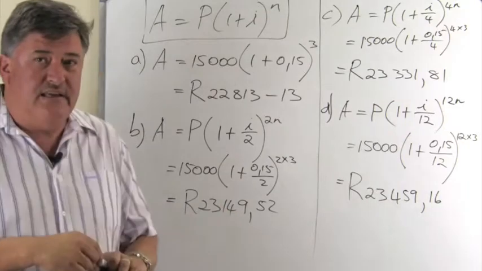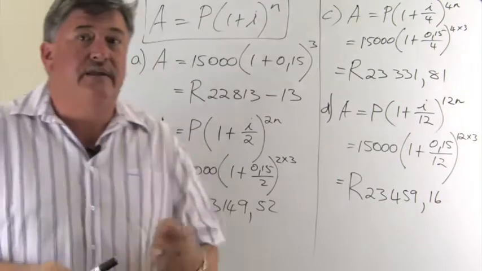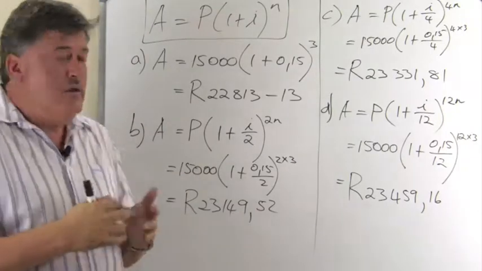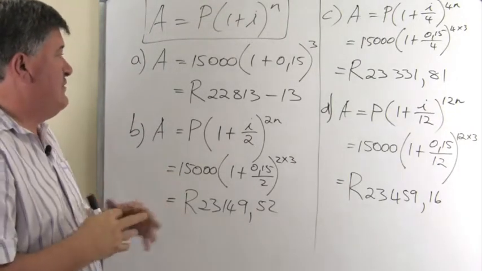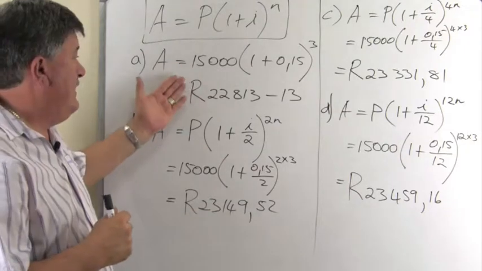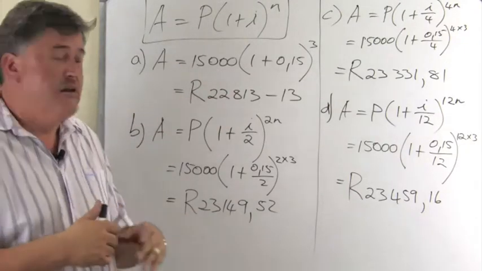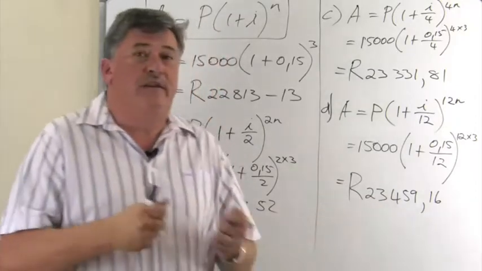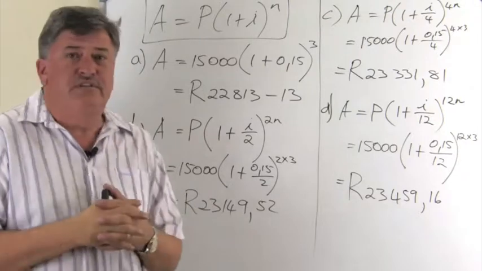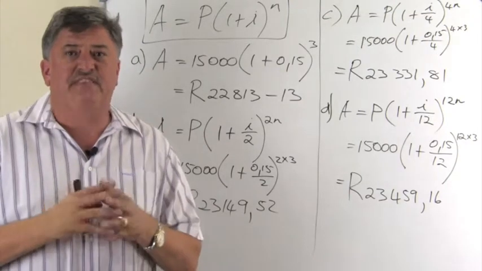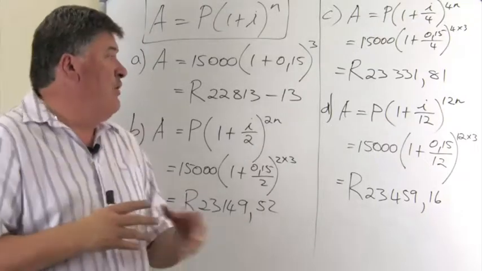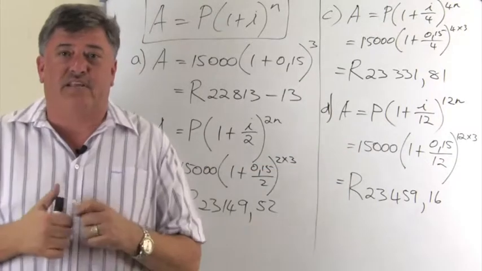So as you can see, again, the interest is a little bit more than the quarterly one. But the one you must really compare it to is the yearly one. So yearly, 22,800. If it's monthly, 23,400. And you can see there is pretty close to between 500 and 600 Rand difference in interest. And that is now on an amount like 15,000.